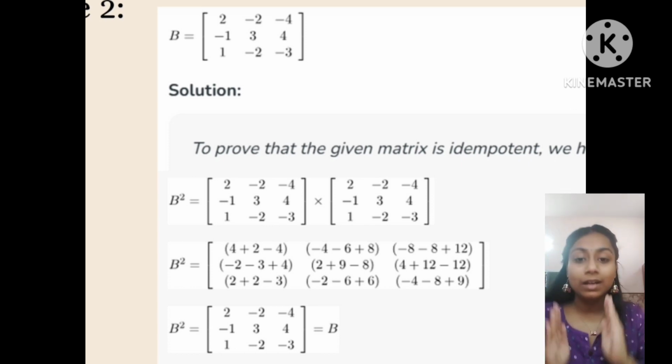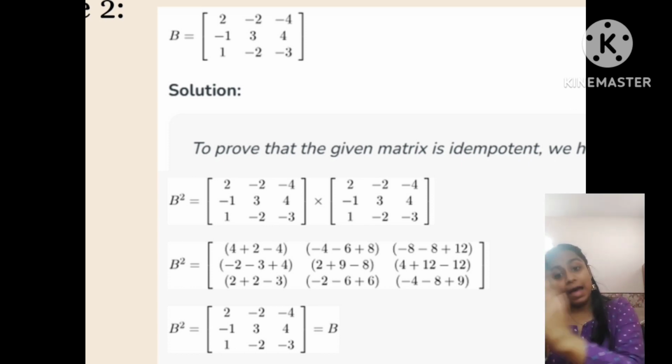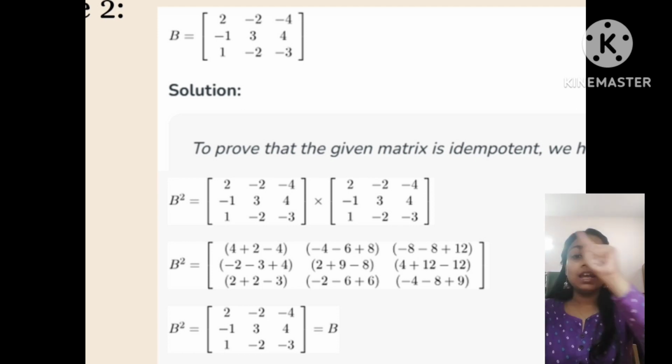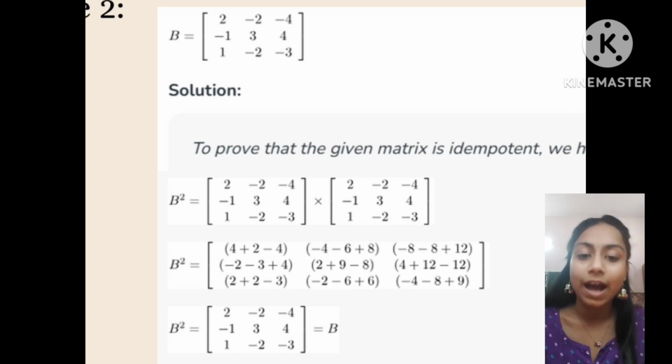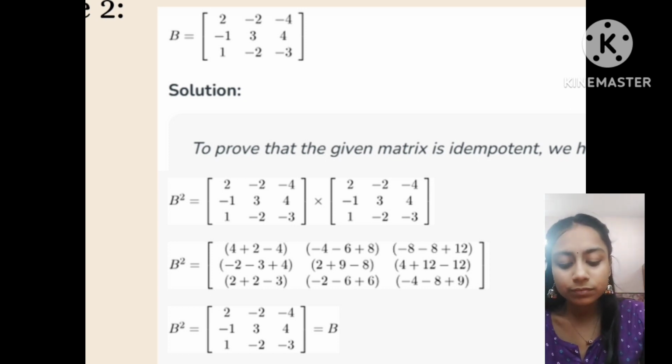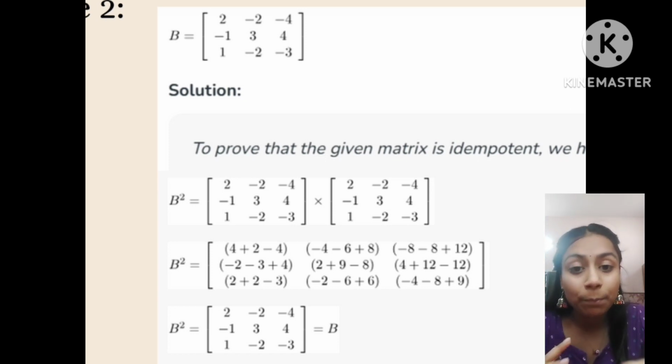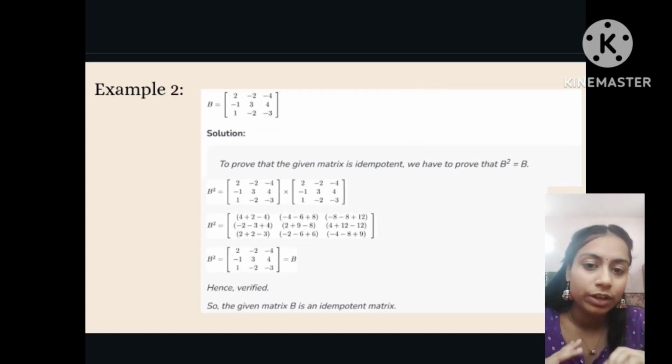So simply, when we multiply a matrix by itself and it is equal to the original matrix, then it is called an idempotent matrix.